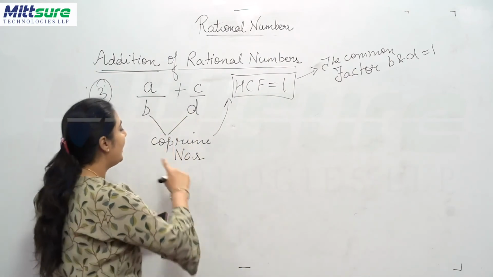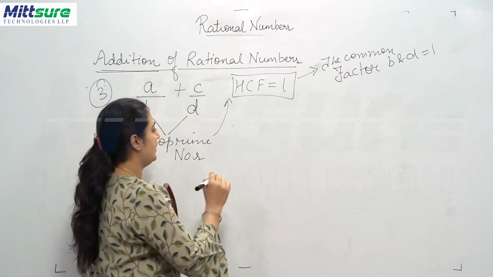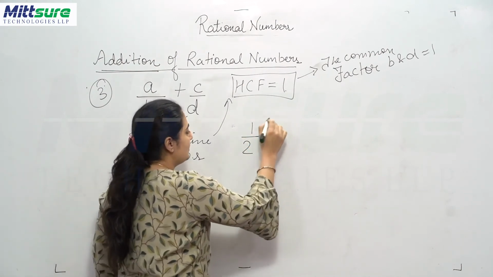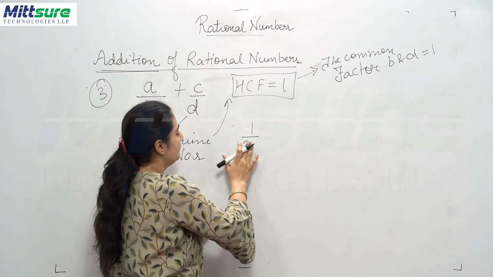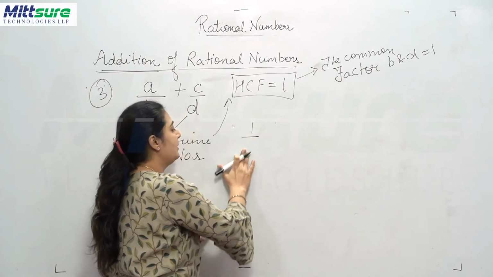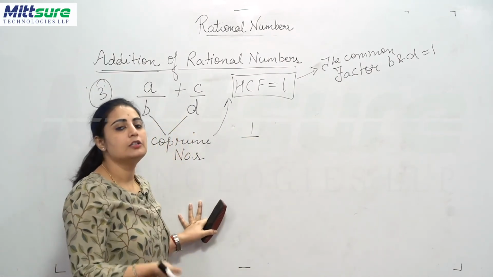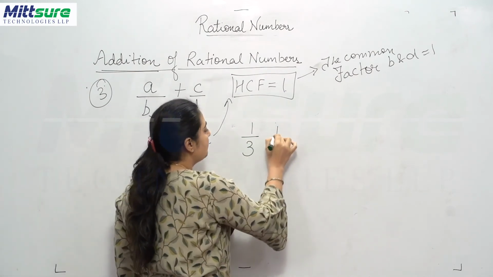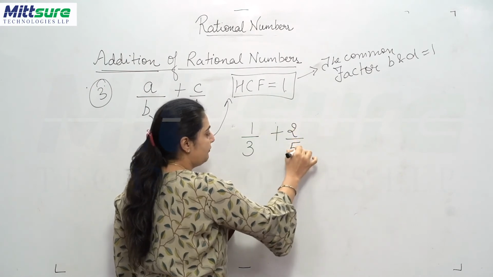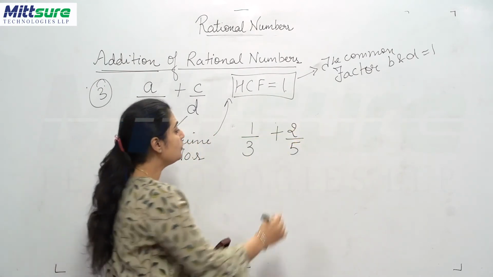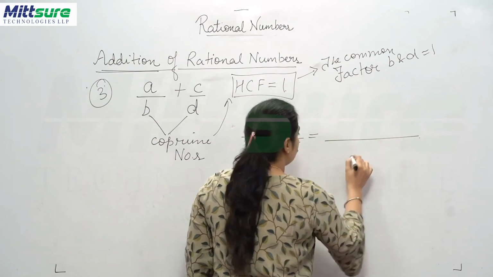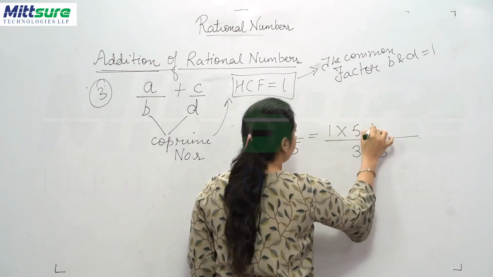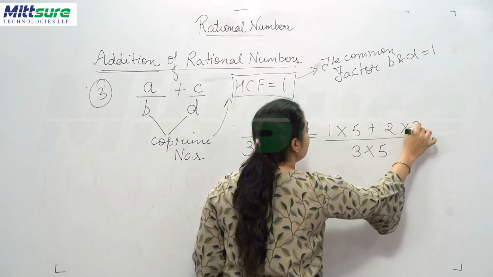So let's apply it on the numerical rational numbers. So again I am taking 1 upon 2 plus, let's not take 2 because 2 is also a prime number, but it is an even prime number. So I will take, instead of 2, 3. So 1 upon 3 plus 2 upon 5 again. So symbolically it was 3 into 5. 1 multiplied by 5 plus 2 multiplied by 3.